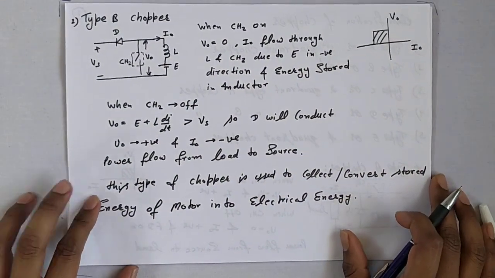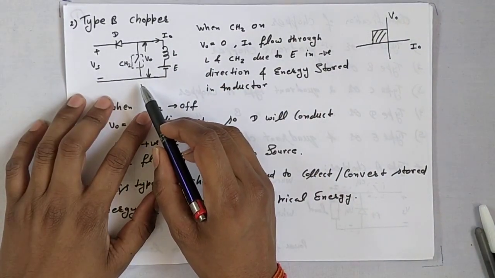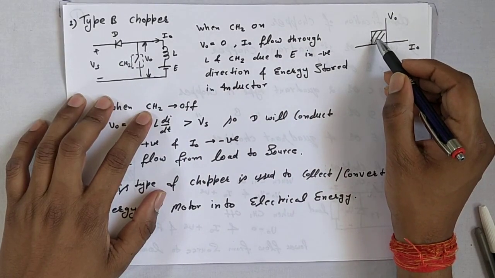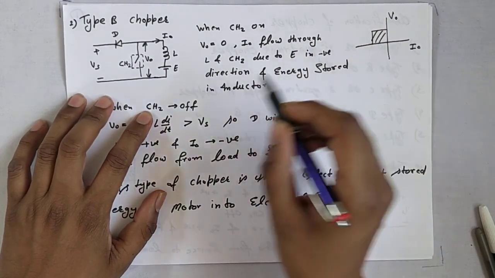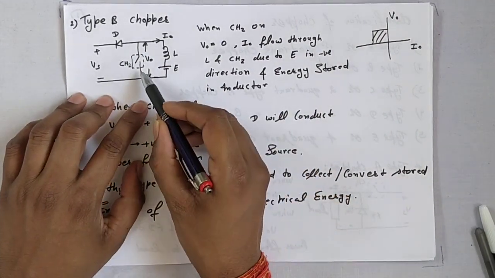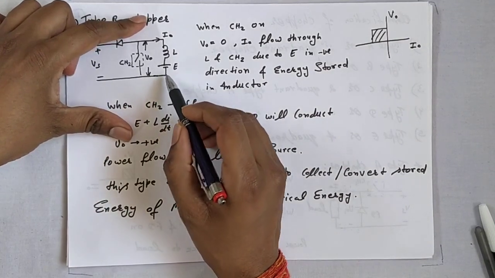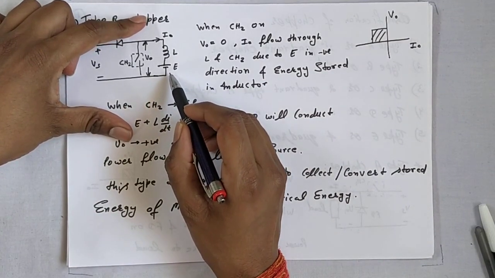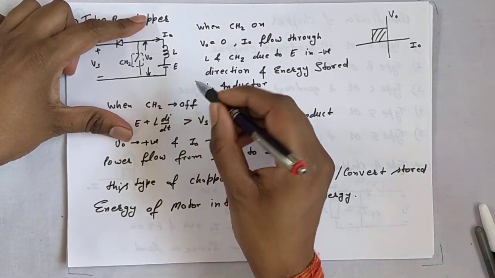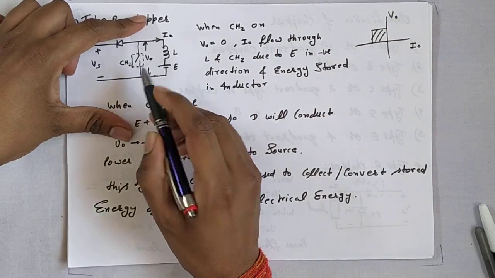Type B chopper. This is the circuit diagram of type B chopper, or second quadrant chopper. Let's operate the circuit. When CS2 is on, assuming that at the start the EMF E is charged, what happens?